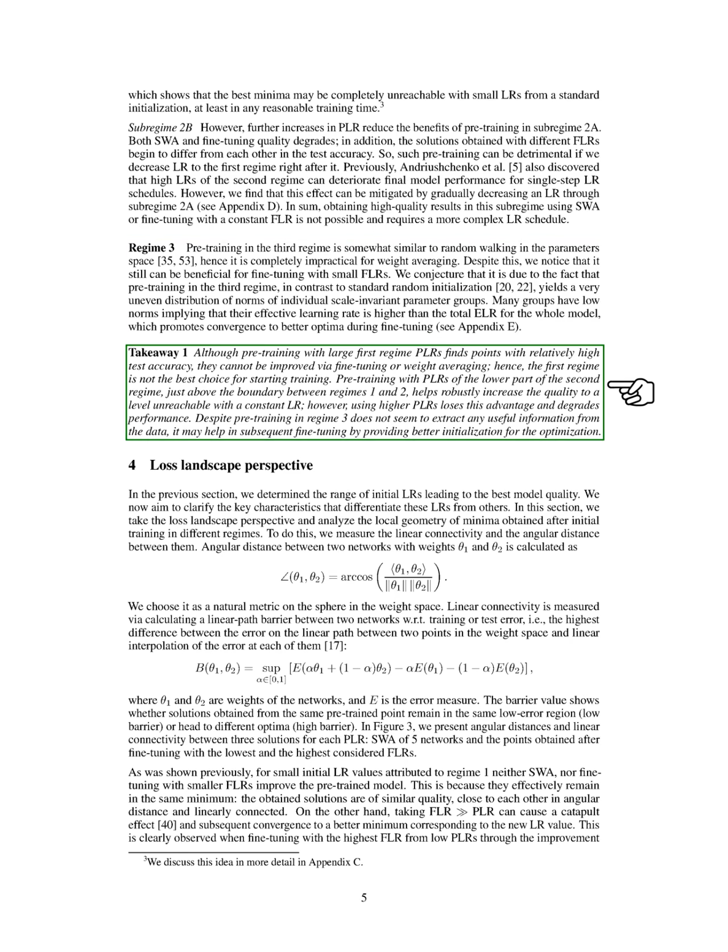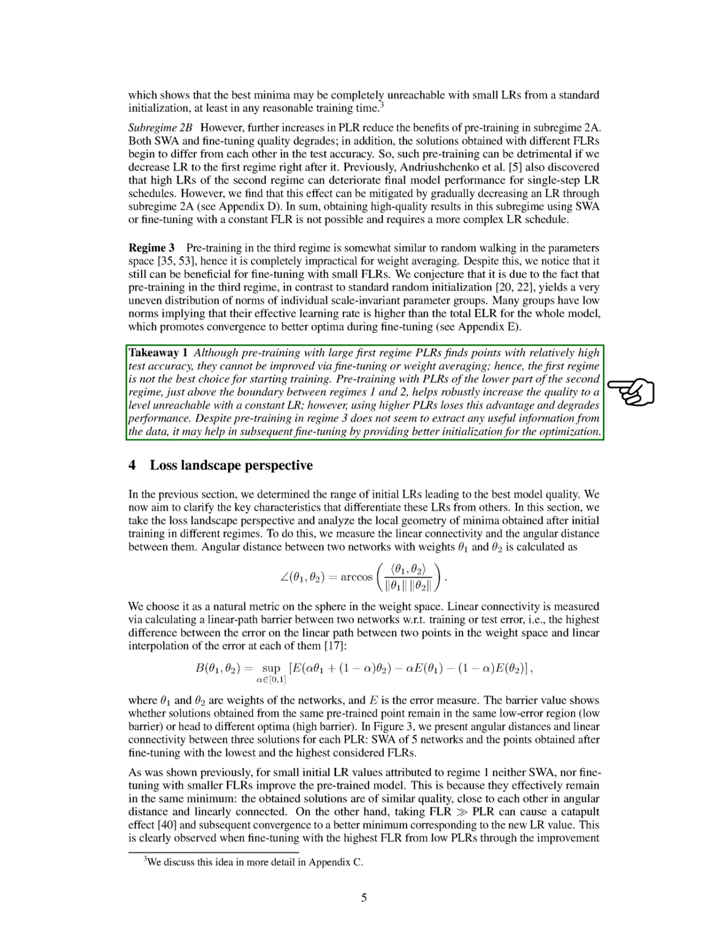While pre-training with large PLRs from the first regime finds points with decent test accuracy, these points cannot be improved through fine-tuning or weight averaging, making the first regime less ideal for starting training. Pre-training with lower PLRs from the second regime, just above the boundary with Regime 1, effectively enhances quality beyond what a constant LR can achieve.